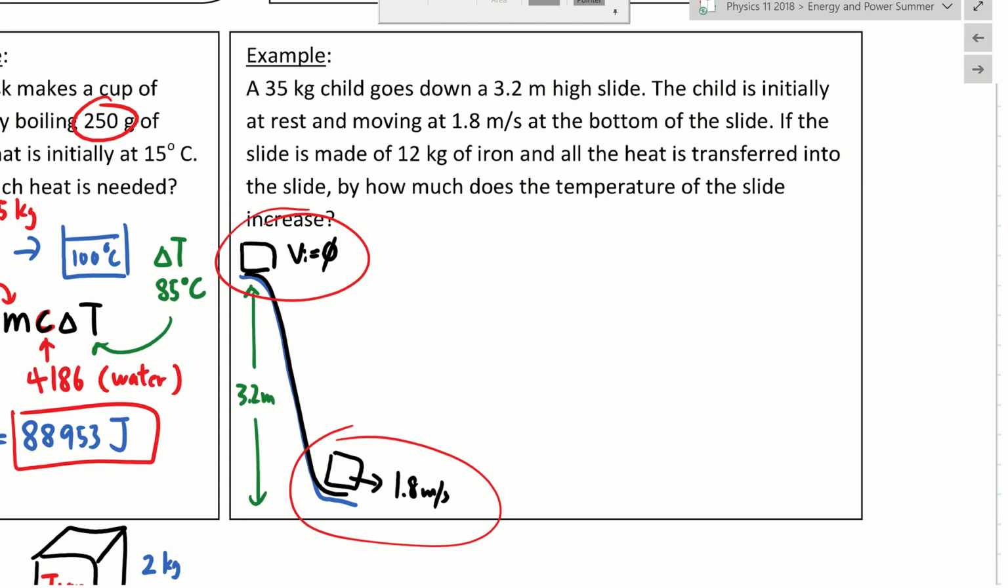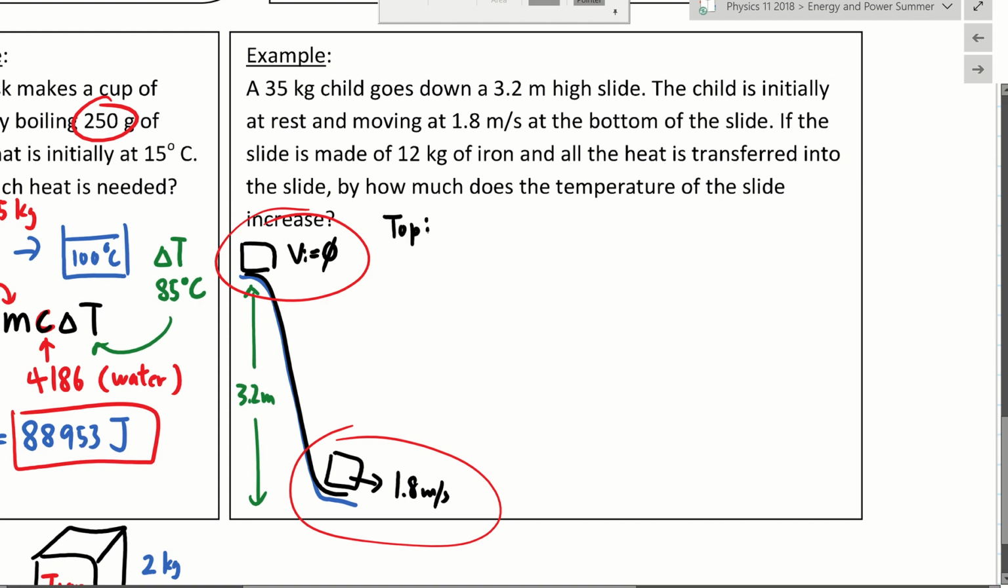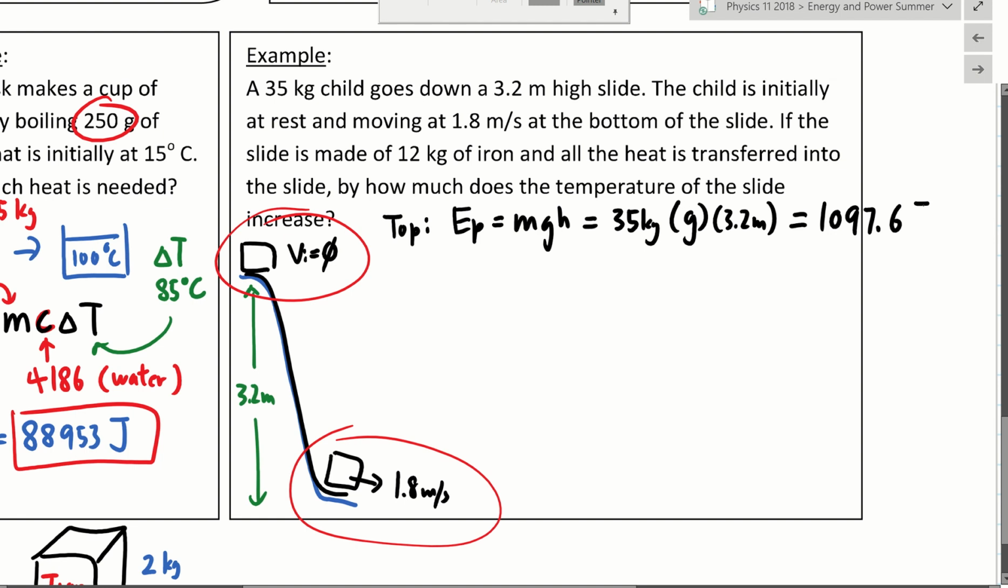So when you're at the top, how much energy do you have at that point? Well, at the top, you're not moving. So the only energy you have is potential energy, which is calculated by mgh. 35 kilogram child, gravity, and your height, 3.2 meters. And your potential energy at the top is about 1,097.6 joules. Now, remember what we learned earlier in this chapter.